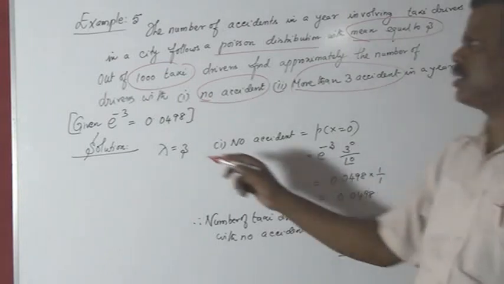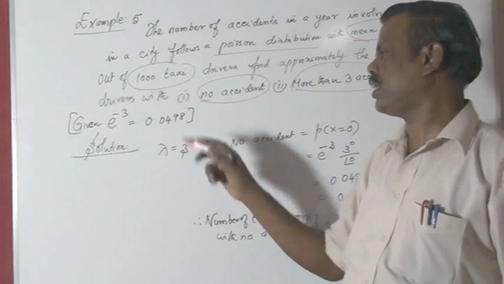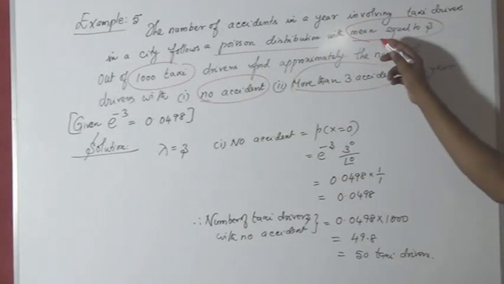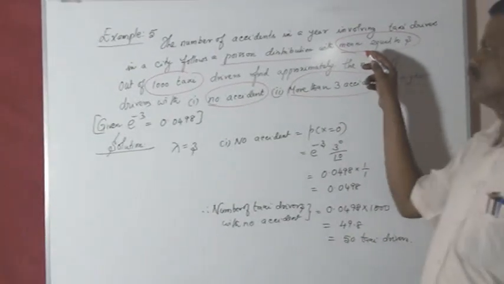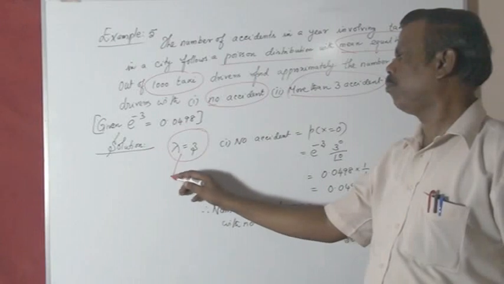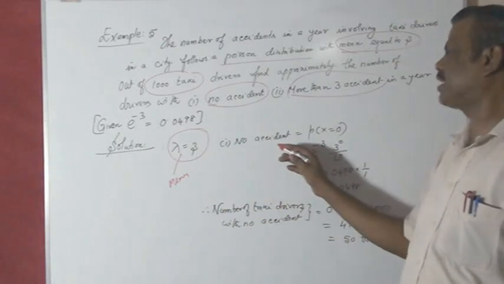So it is given that e power minus 3 is equal to 0.0498. So here the mean is equal to what? 3. Therefore lambda is equal to 3. So lambda is nothing but what? Mean.